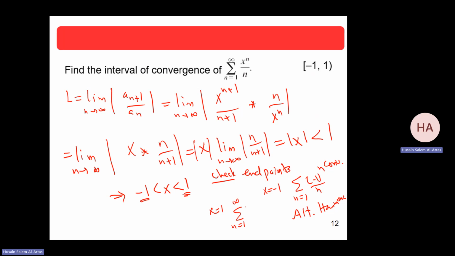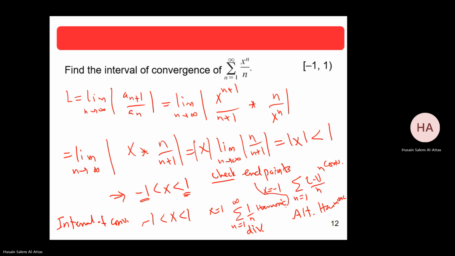Summation from n equals 1 to infinity of 1 over n, since 1 to the power n will be 1. That's the harmonic series, which diverges. So the interval of convergence will be this. At -1, it converges, so I have equality here. At 1, we don't have convergence, so we'll leave it open. So the interval is closed at -1, open at 1.